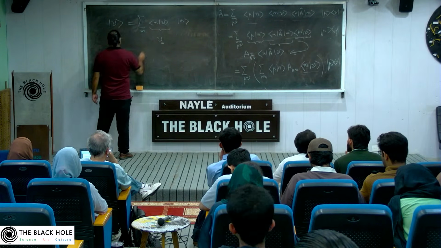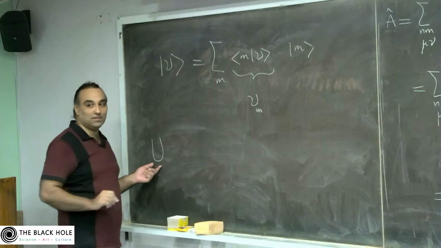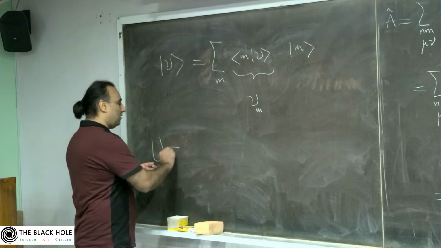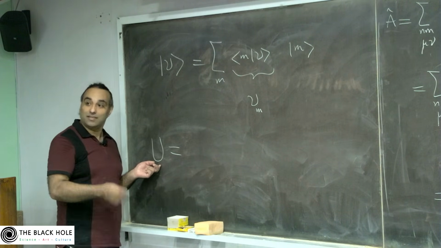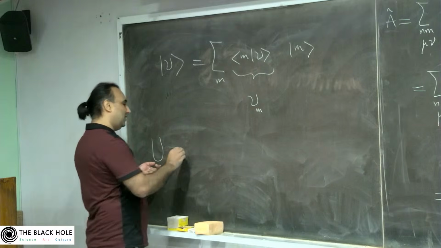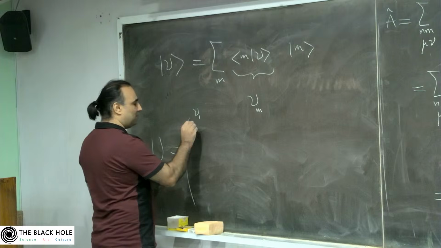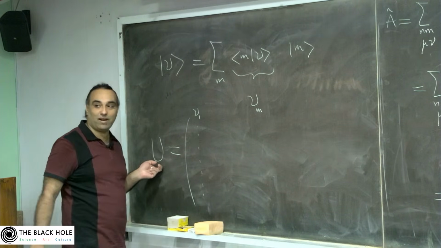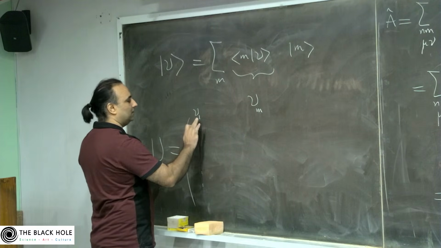So instead of one nu m nu, let's use this symbol u for the whole set of new bases written in terms of old bases. So it's like new 1 in terms of old basis, so that's one vector.